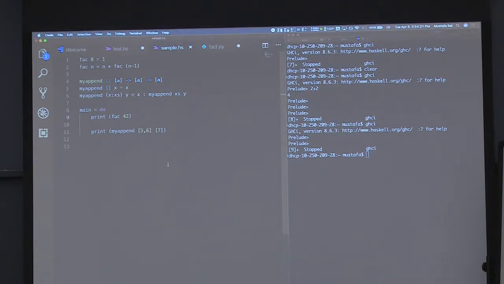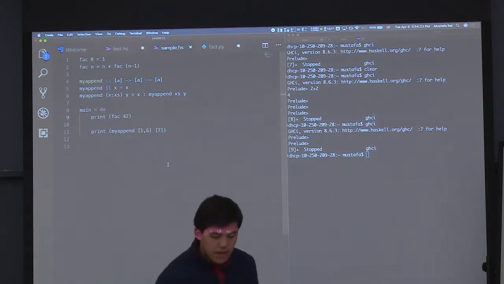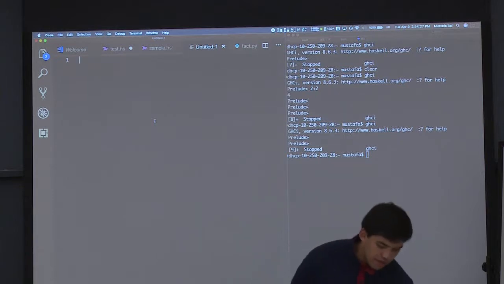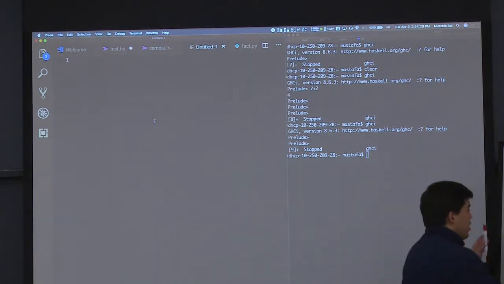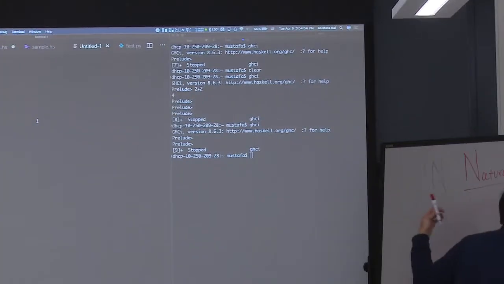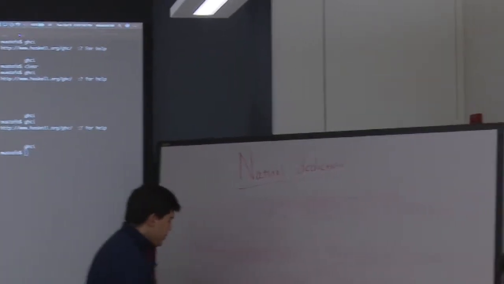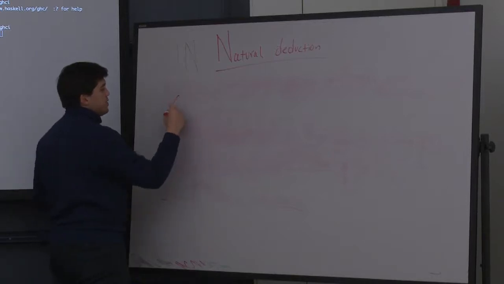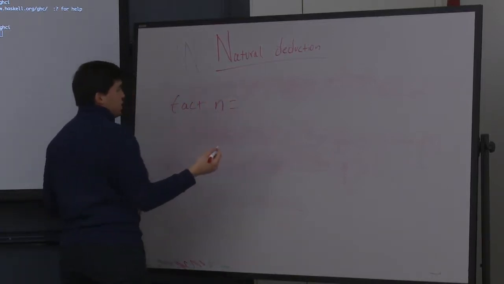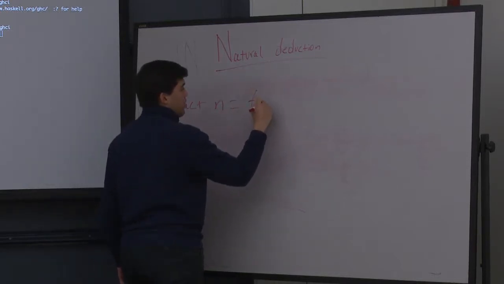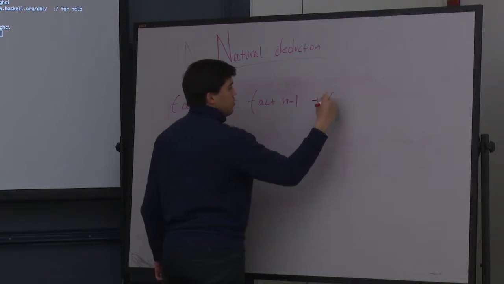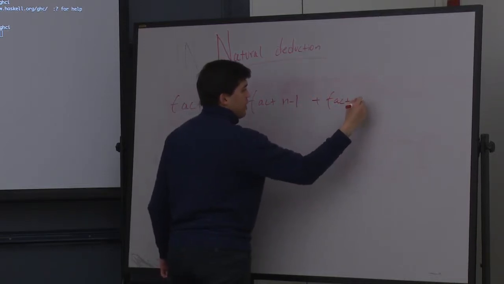This comes in very helpful for certain applications, such as the calculation of factorial numbers. So let's quickly go over an example. What are factorial numbers? Let's say a factorial number n is equal to fact n minus 1 plus fact n minus 2.